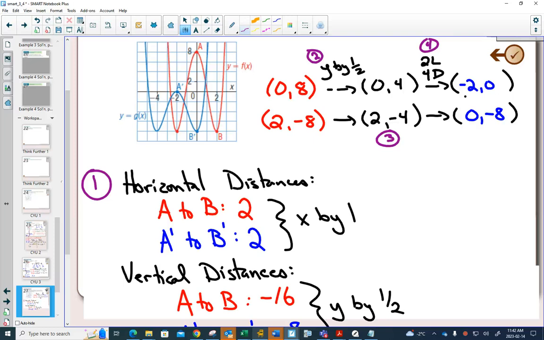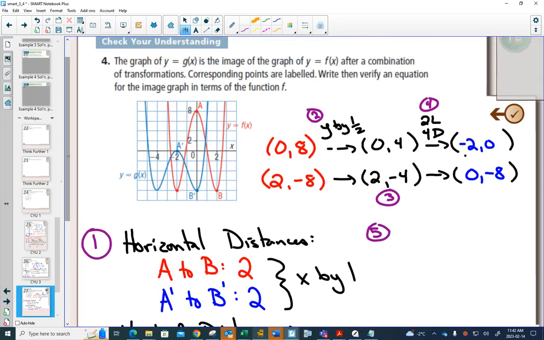We can now do step 5, which is actually writing the equation. What is it asking us for? Write, then verify an equation for the image graph in terms of the function f. So in terms of f means the right-hand side of the equation has to have f in it. On the left-hand side, you actually have a choice here. You can either write y equals, or in this case, I actually prefer, because the blue graph is called g of x, we're going to write g of x equals.